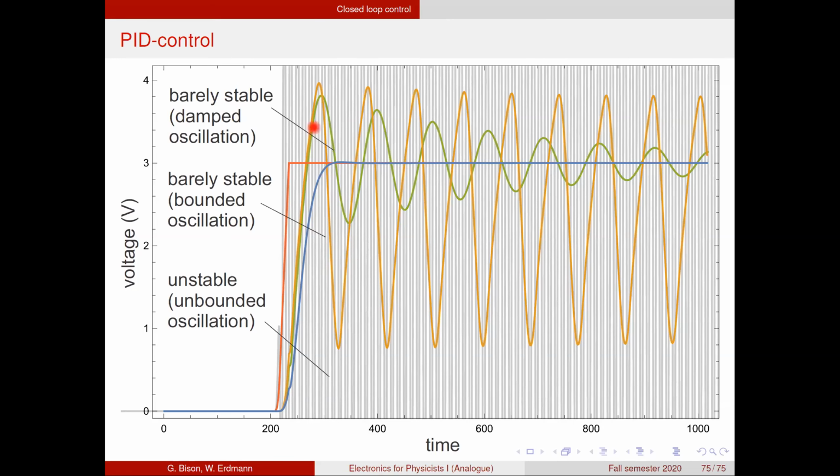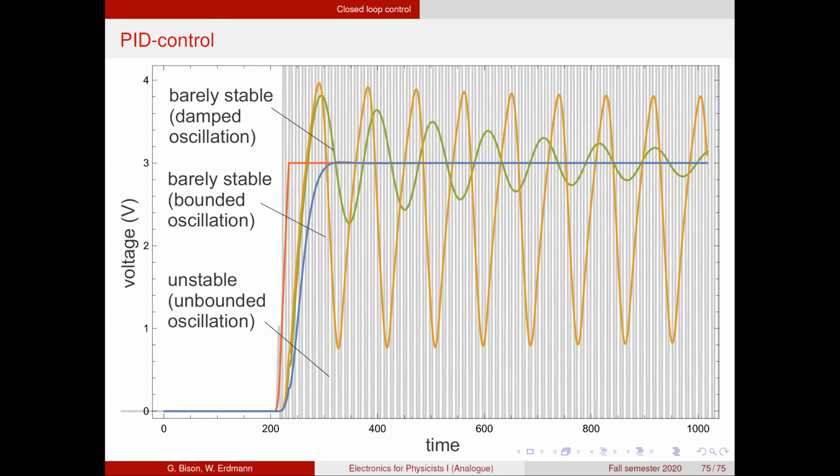And then we distinguish between three escalation steps of oscillation. Barely stable, you can have a damped oscillation. So it starts to oscillate, but as you see in the green signal here, the oscillation amplitude then decreases, and this would get completely stable after some time. And this might be acceptable.